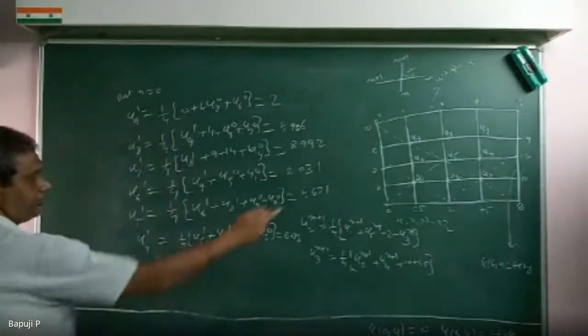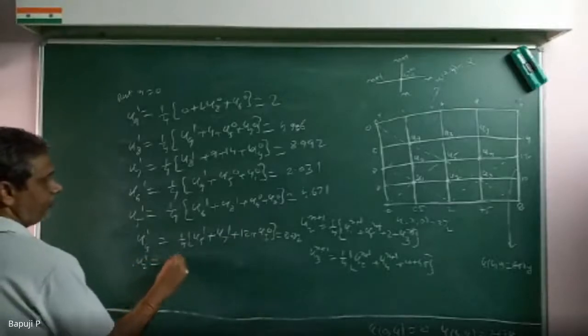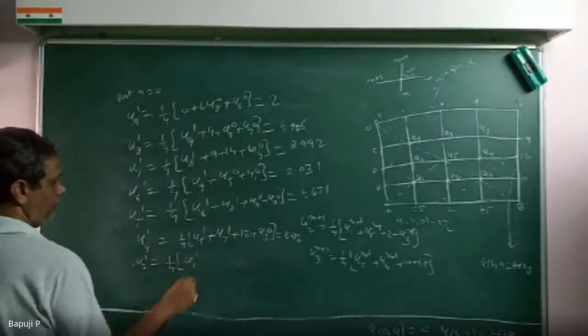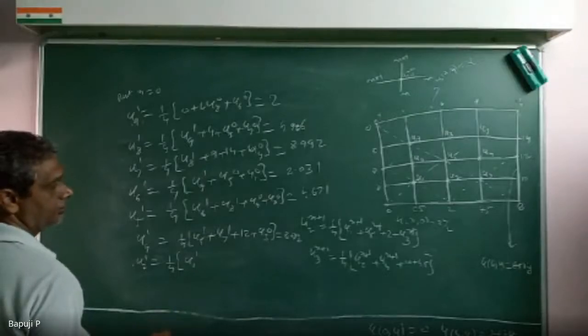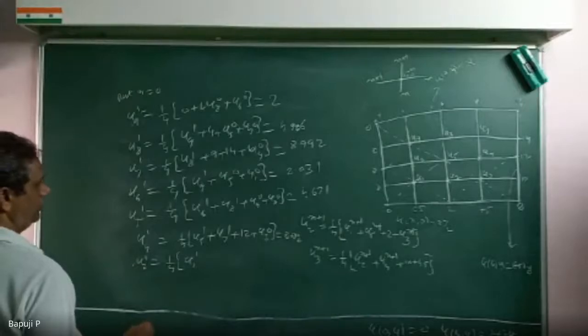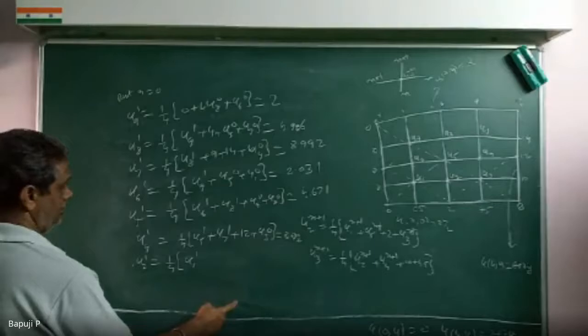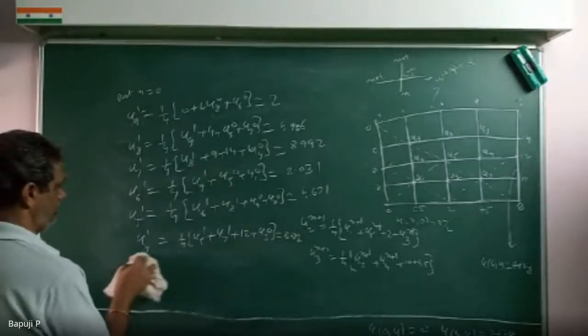Then n is equal to 0, if you write for U21. U21 is equal to what? 1 by 4, U11. If something is mistaken, so U11 I want to find out.